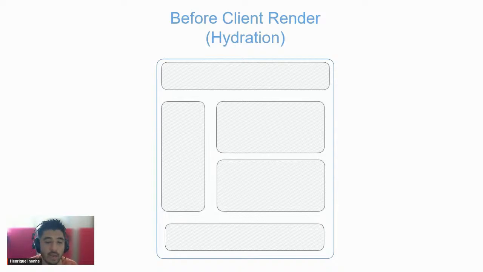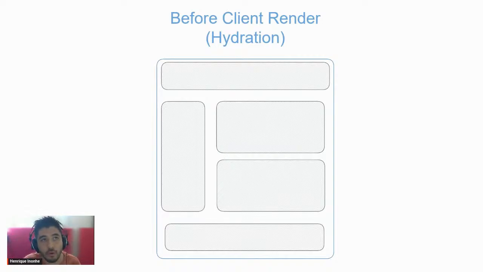And as you can see, we have the very same structures we had before. I just colored them gray to hint that your application is not interactive yet, but at least the user and SEO engines have something to look at. And then after the client hydrates, everything becomes interactive. Okay, so this is SSR very briefly.